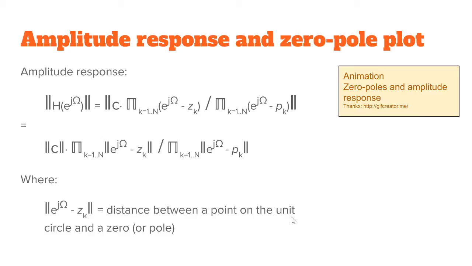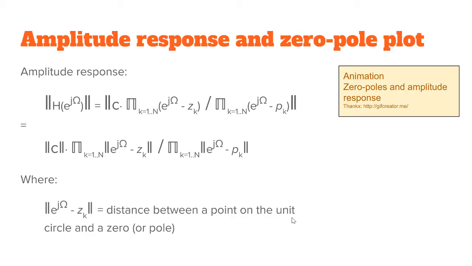So our transfer function was basically either the sum of b_k times z^-k divided by the sum of a_k times z^-k, or with a product. As a product, you can also write this as a product of z minus the zero point and z minus the pole point.